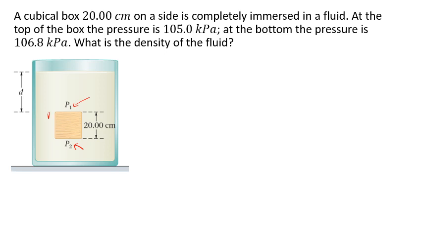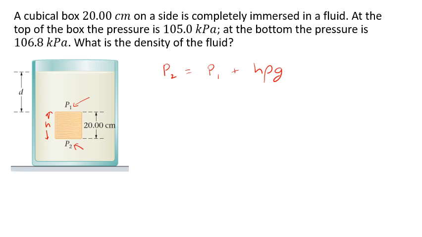And if you consider the height of the column above, h in general, you can write the pressure at the bottom level equals the pressure at the top level plus h rho g. Here h is the height of the liquid column, rho is the density of the liquid, and g is the gravitational acceleration constant.